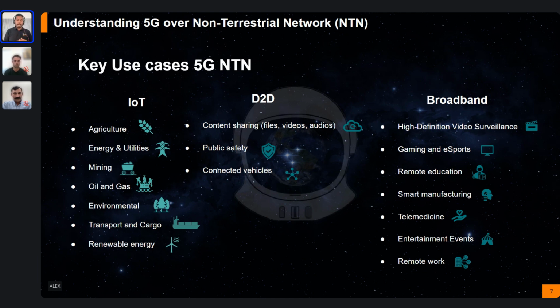Obviously, at narrowband, you will not be looking at a very scaled environment. The data transfers will be much lower as compared to a terrestrial 5G network, and that would mean that the amount of capacity that you need to run these functions will be much lower as compared to terrestrial networks.